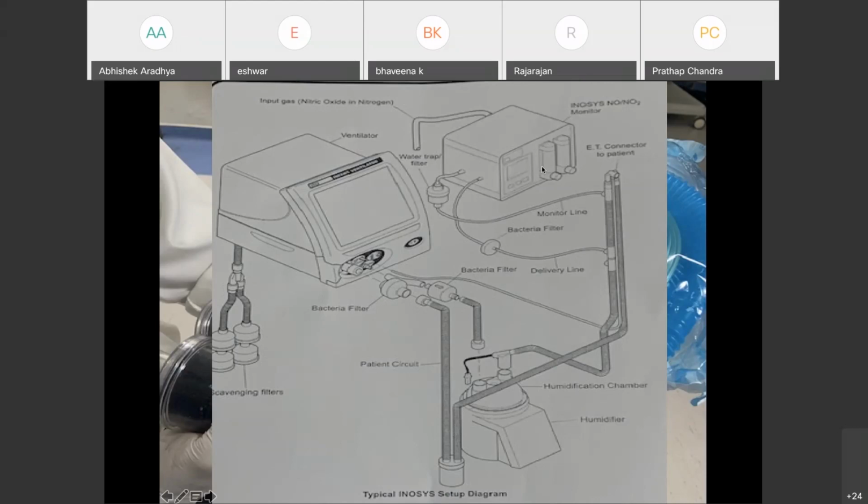So that will be displayed in the nitric oxide system. So extremely important you have your biomedical engineer available when you're setting up these sort of circuits, which is very complex. What we can also do is keep giving training to the nurses about how to set up this nitric oxide system.